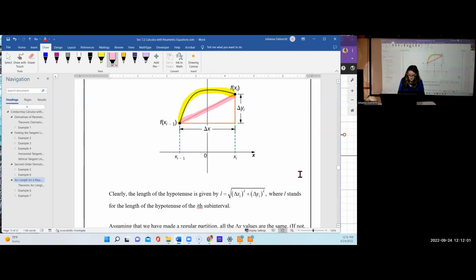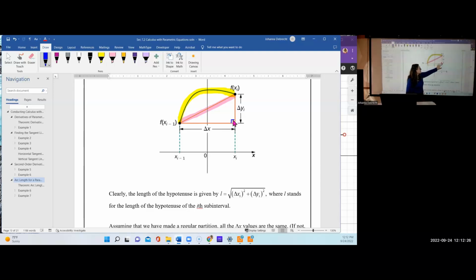Now, if we're looking at this equation right here, we can actually compute the length of the hypotenuse. So the hypotenuse, we'll call that lowercase l for length. Based on this right triangle that we see right here, and here's the right angle, it has got to be the square root of delta x squared plus delta y sub i squared.